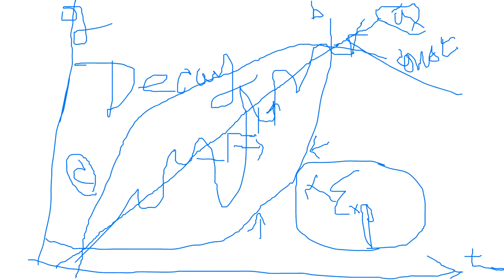And as time goes on, the rate is slowing down. At a certain point, it plateaus out. That's called a decaying pattern, right? So there are three patterns of growth, and being able to tell the difference means you know what you're talking about, right?